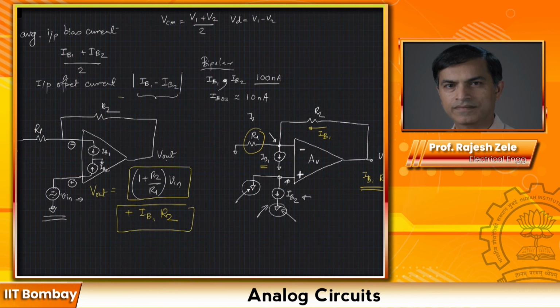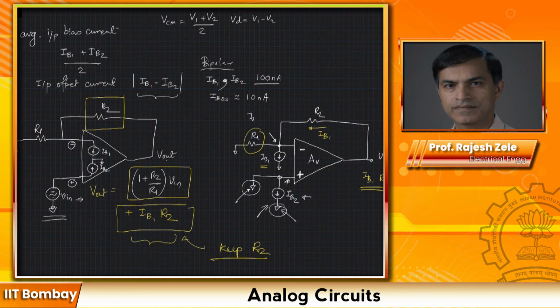So we typically try to increase R2 as much as possible to get high gain, because we want the ratio of R2 divided by R1 to be large. As soon as you start increasing R2, this component, which is IB1 times R2, will start coming into play. So this requires that we keep R2 small, and that limits the gain that you're going to have.